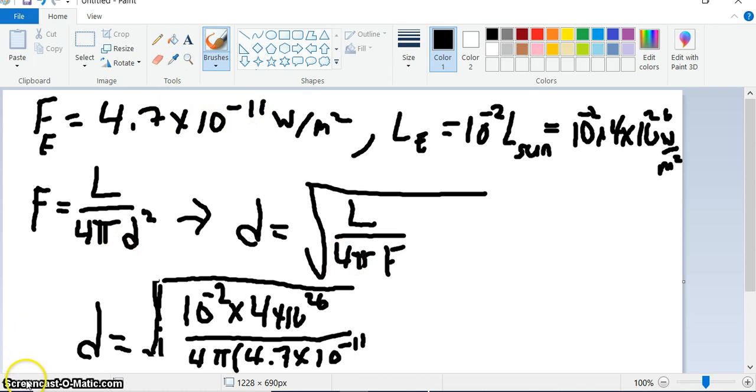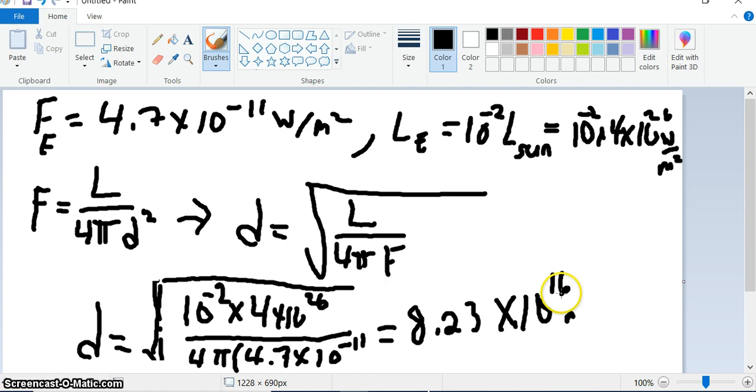Let's see what we have. When I did this, I get 8.23 times 10 to the 16th meters.